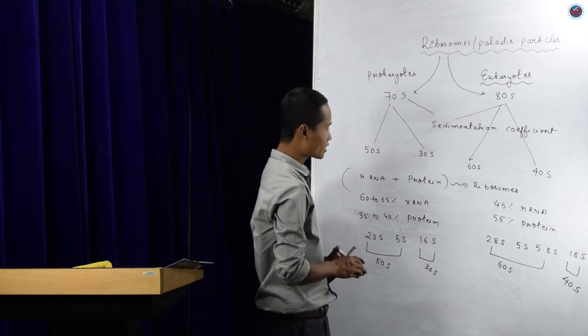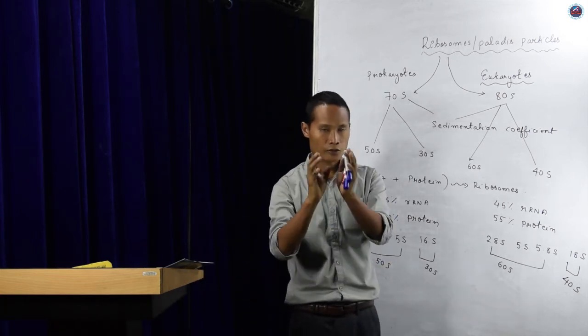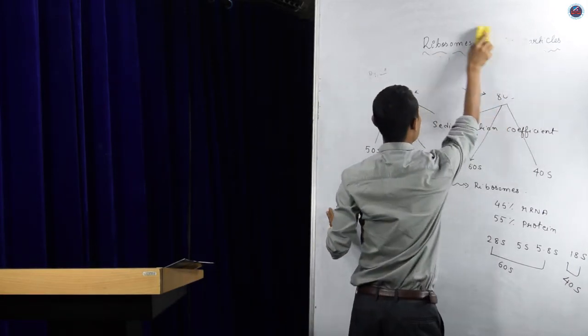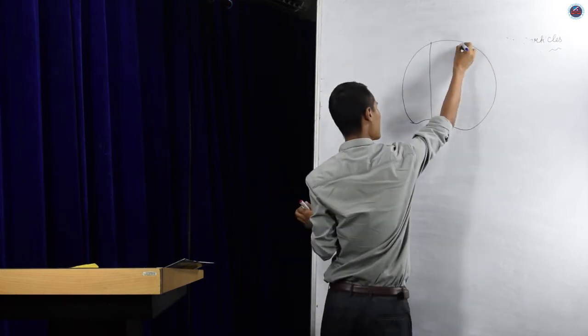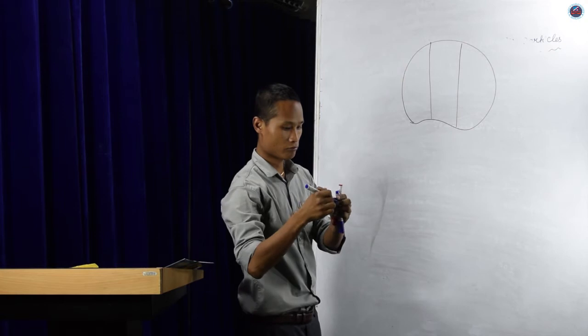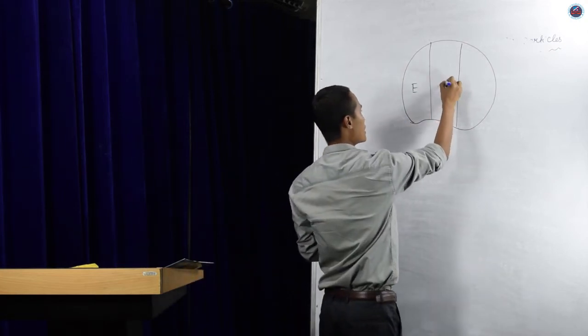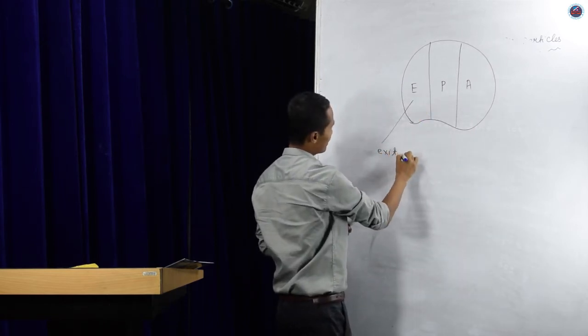Now we will try to see the structure of the large subunits and the small subunits. First, I will make the larger subunit. Usually it is divided into 3 parts, said to be E, P, and A. E is the exit site.